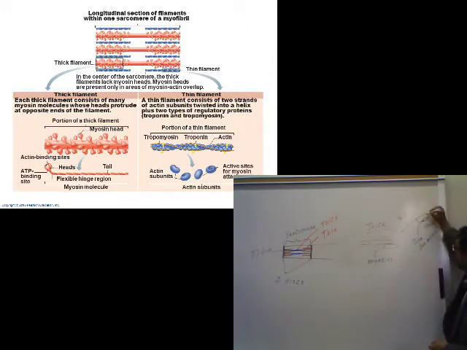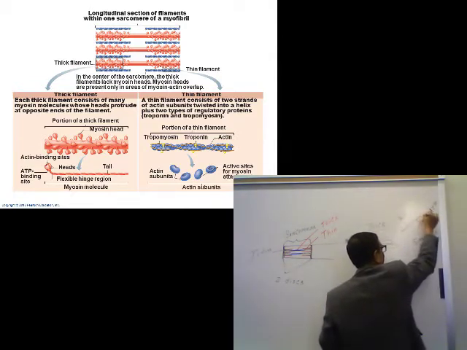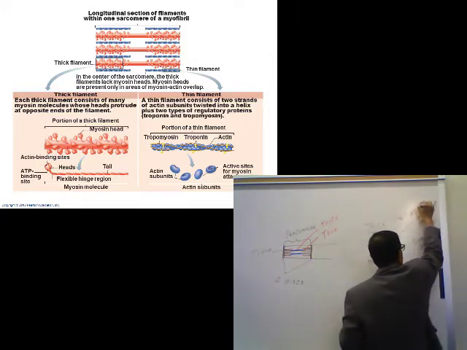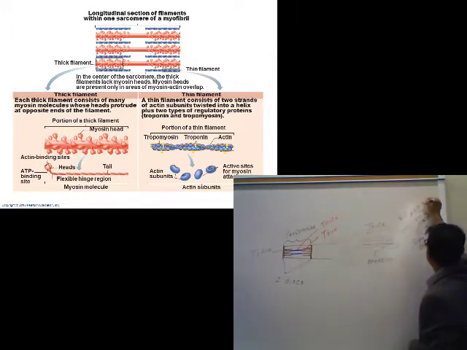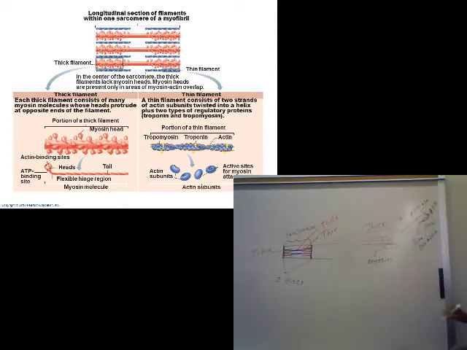There is another binding site called the site for ATP. And there is another binding site called ATPase. So there are three binding sites: site for actin, site for ATP, site for ATPase. Okay, that's the myosin head.